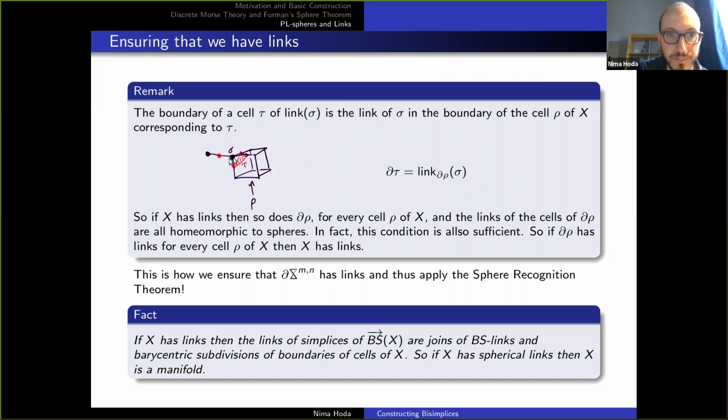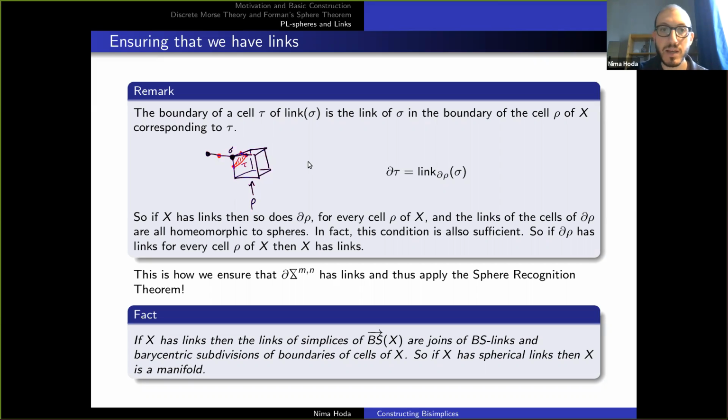It's contained in 2 maximal cells, so the link is comprised of 2 maximal cells. One of those cells is tau over here, which is coming from the cell rho, which contains sigma. And if we think about the boundary of tau, it corresponds to the link of sigma in the boundary of rho.